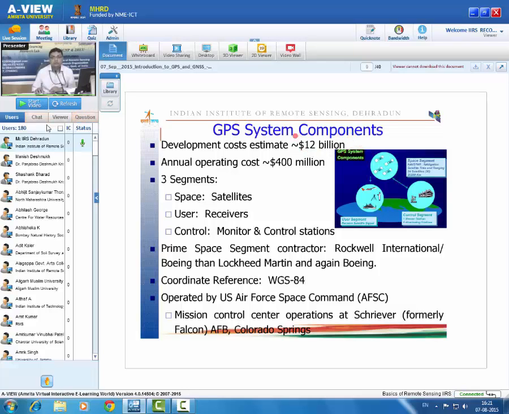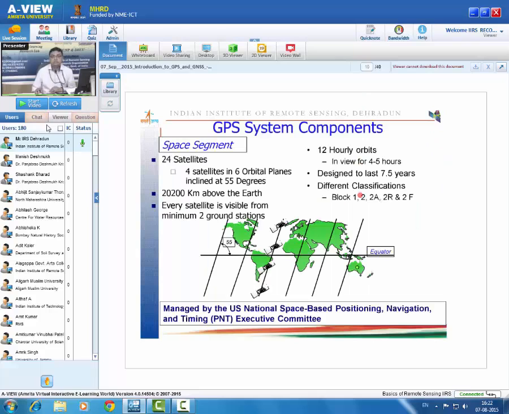It is only the initial cost, and the yearly maintenance cost is about $400 million. So $12 billion was put into the system initially, and then this is the recurring cost every year for maintenance of the system. It is operated by the US Air Force Space Command, with the Mission Control Center operating from Schriever, formerly known as Falcon, AFB, at Colorado Springs. So like this, these three segments are there.